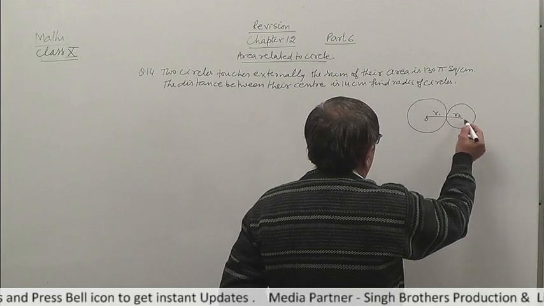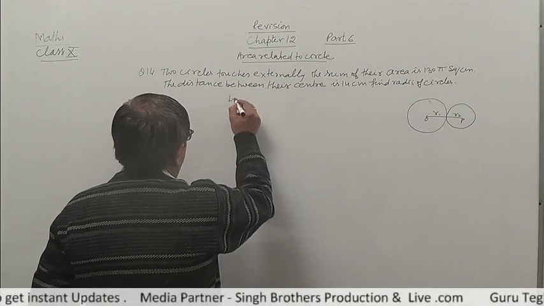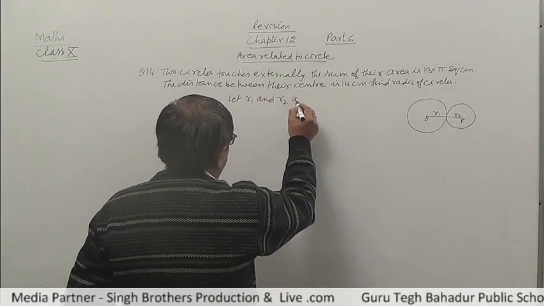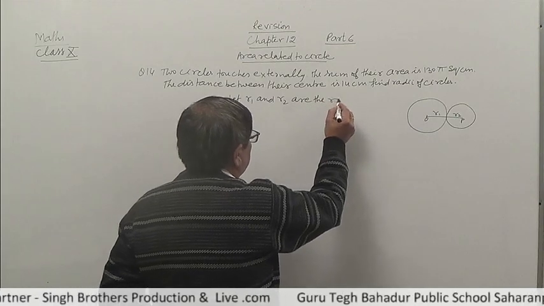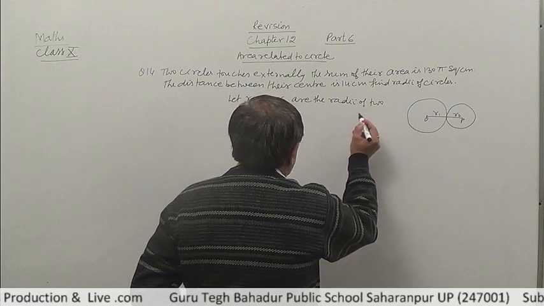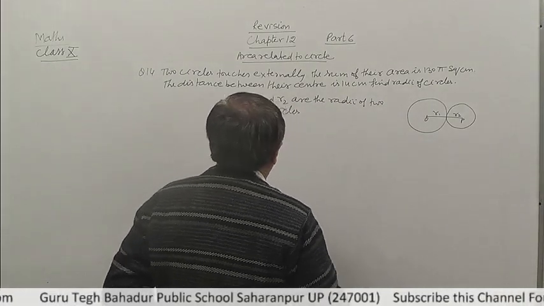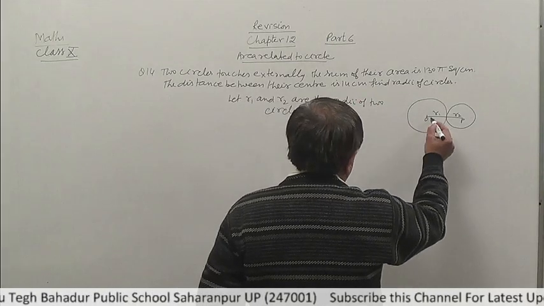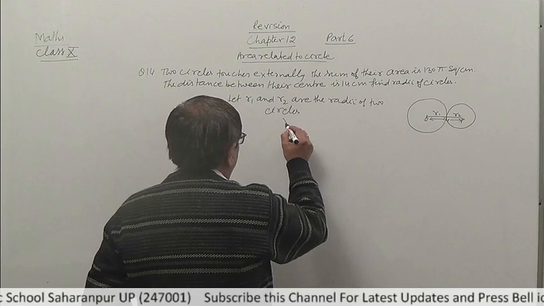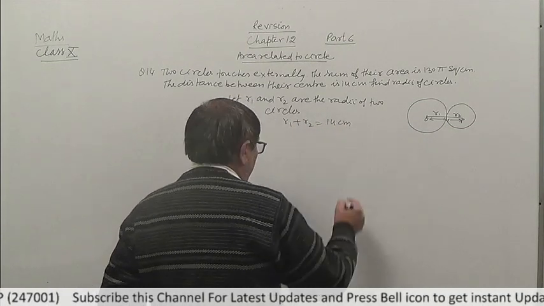This is O and this is P. Let R1 and R2 be the radii of the two circles. The distance between their centers is 14. That means this is 14. So R1 plus R2 is 14 centimeter.